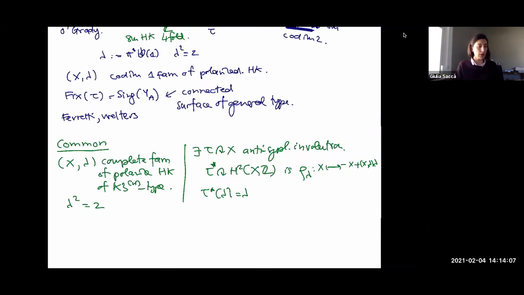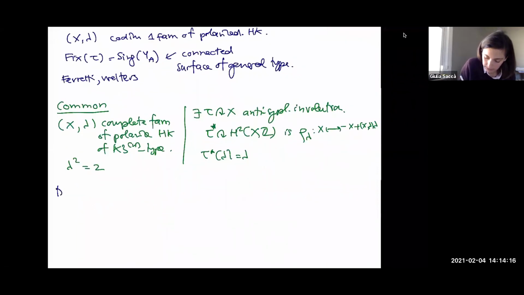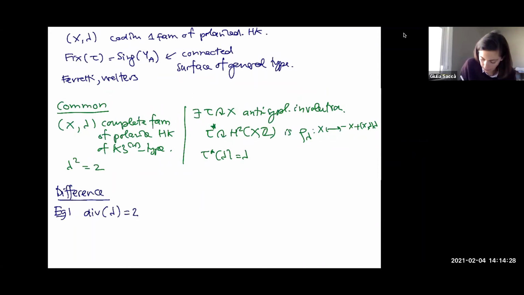And so the difference is the following. Again, you go to lattice theoretic properties. So what is the difference? In example 1, the divisibility of the class lambda is equal to 2, and I'm going to say what the divisibility is in a second. And in examples 2 and 3, the divisibility of lambda is equal to 1.